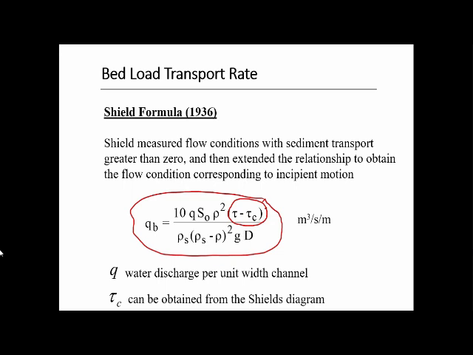In this case, you add an extra parameter, which is the water discharge, q. And q here is the water discharge per unit width of channel. So it is small q, not the big Q. Big Q is of course meter cubed per second. So this one is meter cubed per second per meter, or meter squared per second, your sediment discharge.